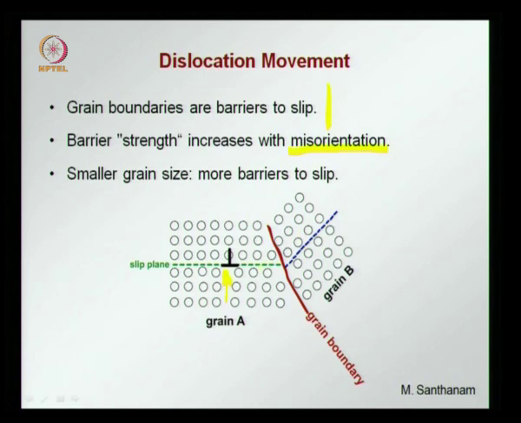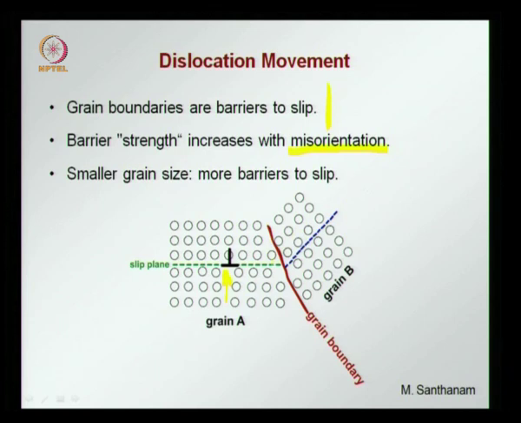Here you see between the green line and the blue line there is an angle which is not 180 degrees. If it was 180 degrees, the dislocation would just move across, but now the dislocation has to change direction and move across the blue line for the slip to continue to occur. So, the strength of the barrier increases with more misorientation.